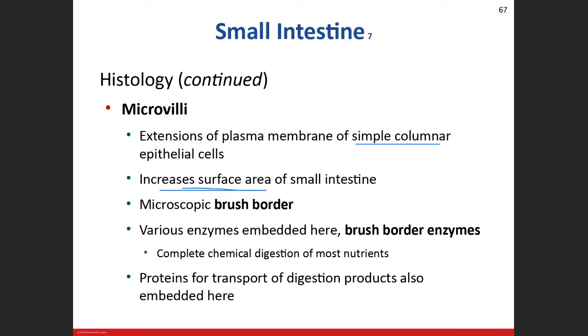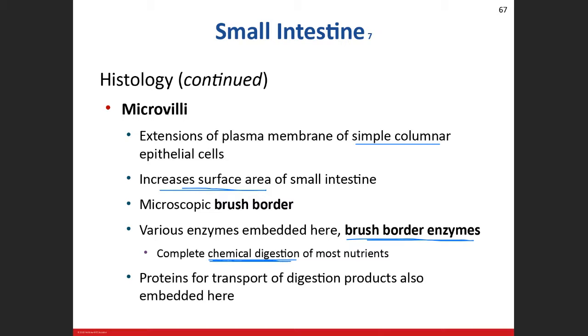And on the microvilli, this is where we're going to have the brush border enzymes, which are going to help to break down those proteins and some of the carbohydrates. That's where we're going to see a lot of, you keep hearing me use the term chemical digestion. Like I said, we'll get into that in lecture, but how that actually occurs, how we start to break down these specific macromolecules because of these brush border enzymes.